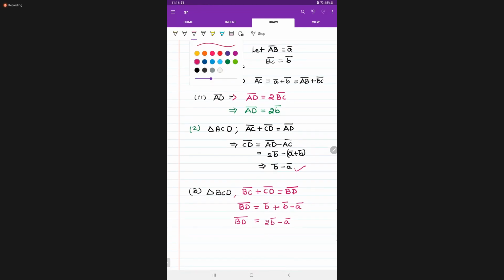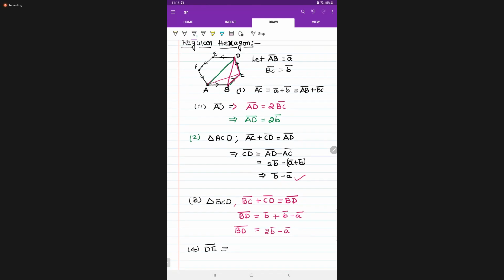One minute, my last question. DE bar is equal to, students, AB bar is A bar.